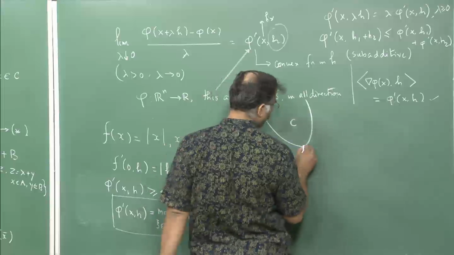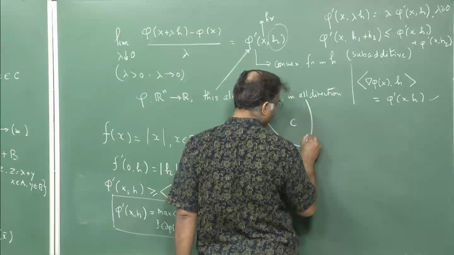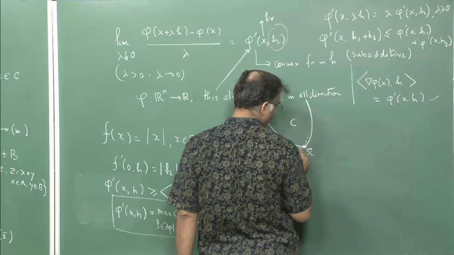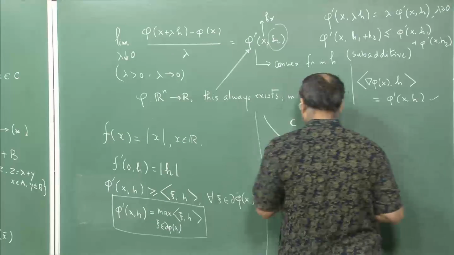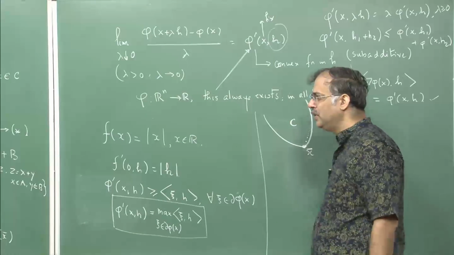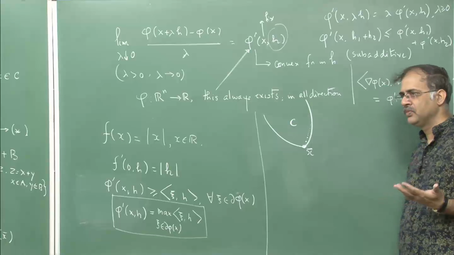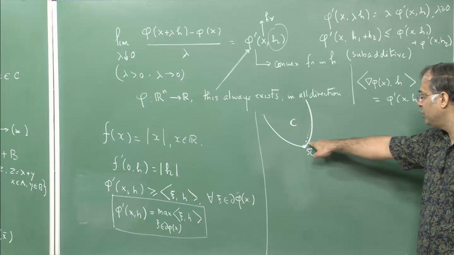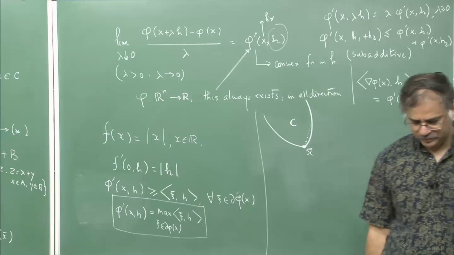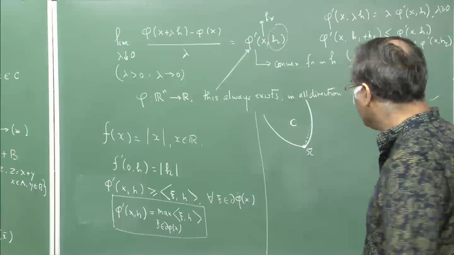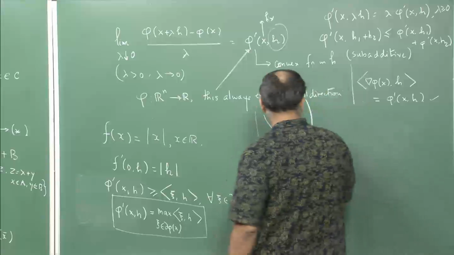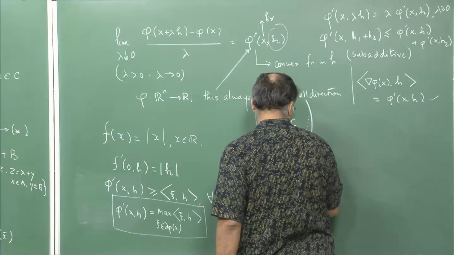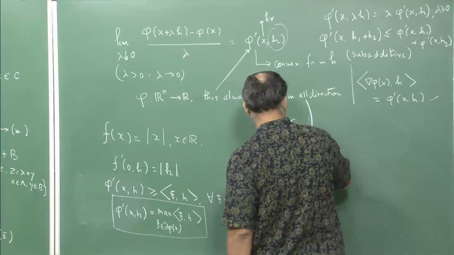Because if you move from x bar along any line, as long as you stay in the feasible set C, at every point the function value should be more than f of x bar. So if I move along any such direction, my directional derivative should always be greater than or equal to 0.